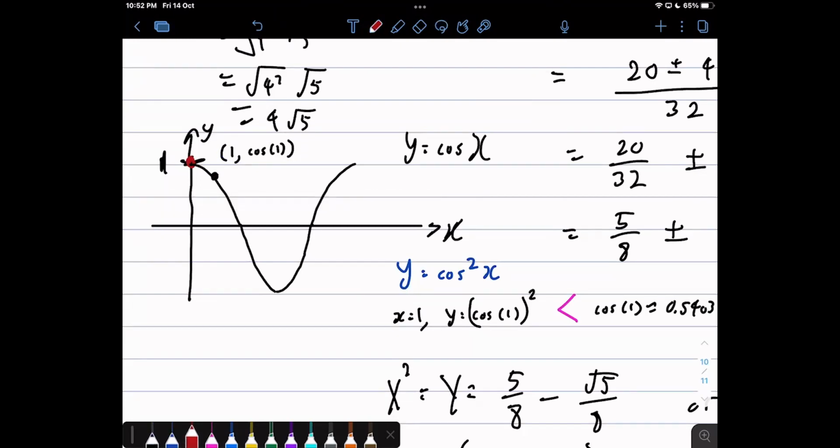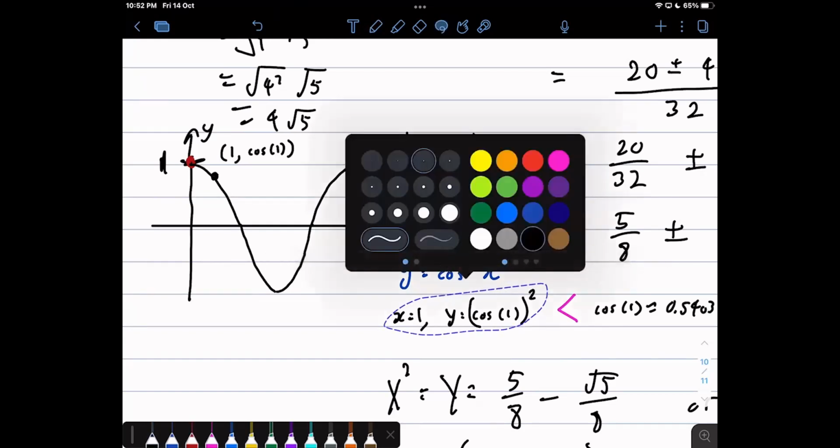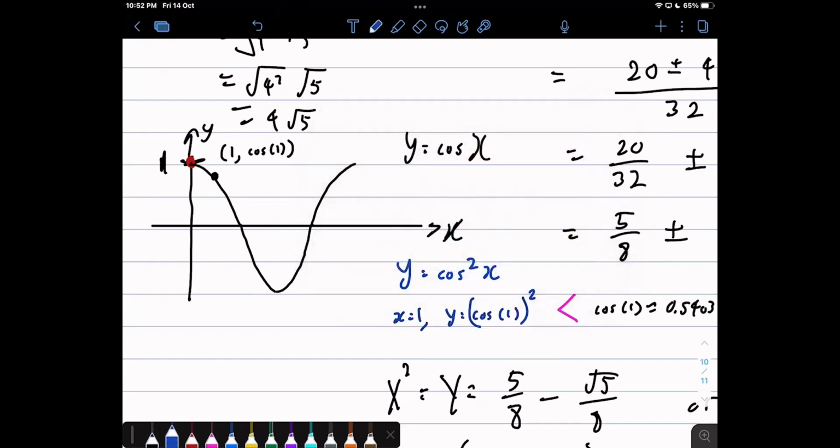And then I want a red color. No, maybe I'll use blue color. Blue color for the cosine squared graph. So it's slightly below. So the graph will look something like this. And then it goes like this. And then it goes like this. Do you see the blue graph?